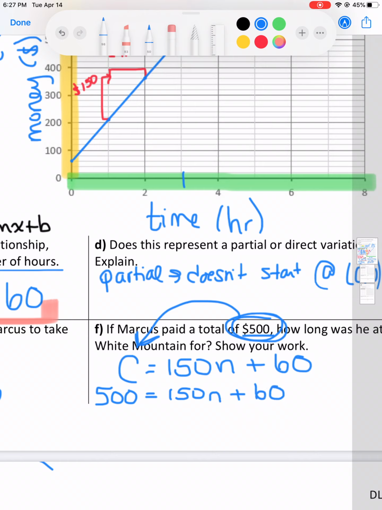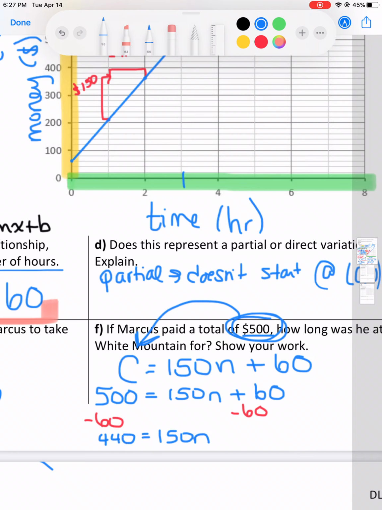Okay, get n by itself. What do we do first? Subtract 60 from both sides. 500 minus 60 is 440.